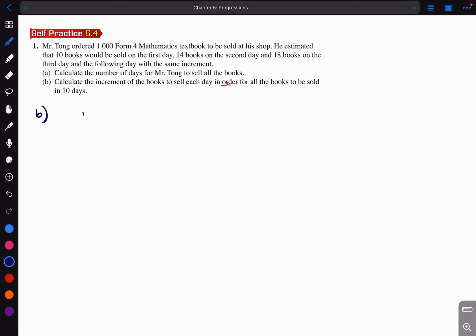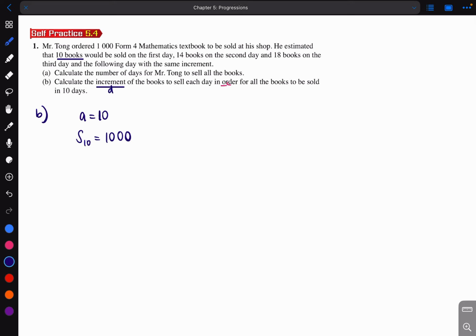So our A is still 10 books. On the first day he still sold 10 books. And in total he has to sell 1000 books. Sorry, S10 will be 1000, because in 10 days your total books sold must be 1000. We need to find the increment, which is D.